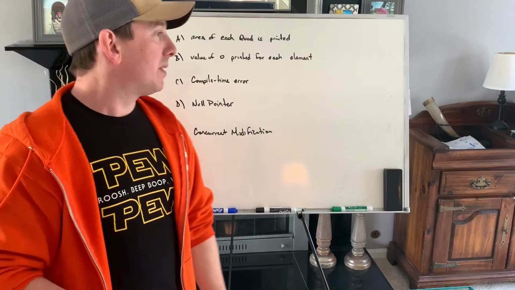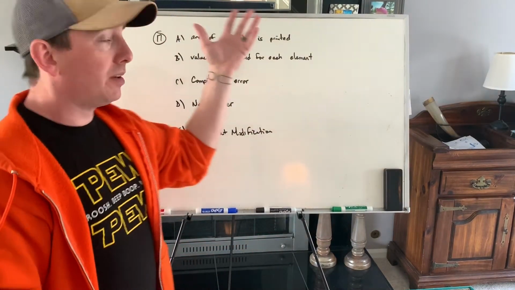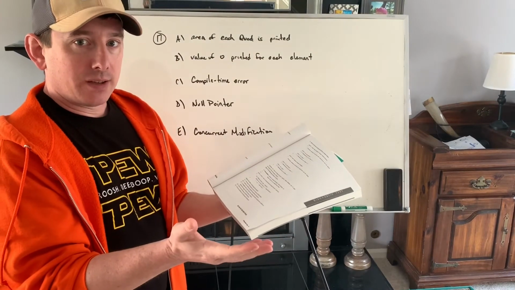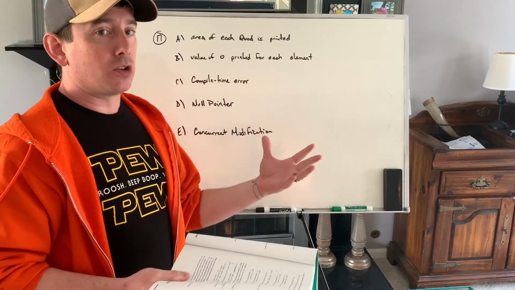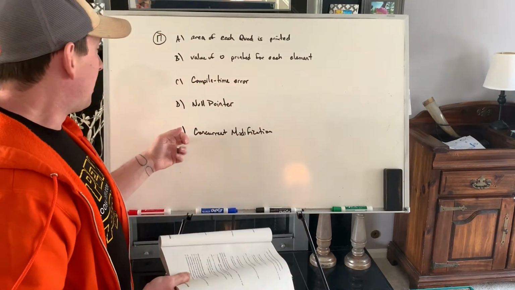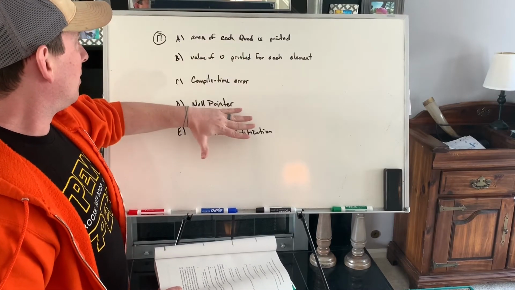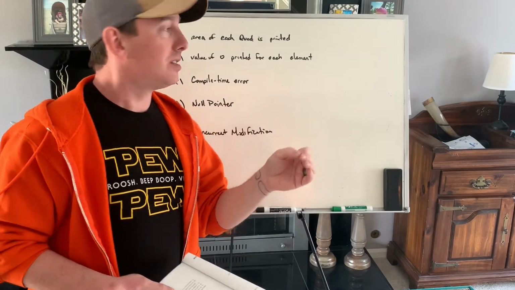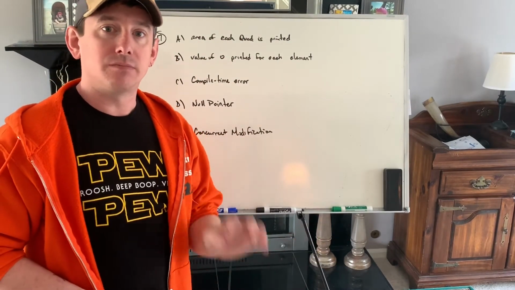A concurrent modification exception could typically be thrown, especially when you have a for each loop, which we do here, but we're not trying to change anything. So we're not concurrently modifying our list of quadrilaterals, so there's no way that's going to get thrown. So I definitely have a reason to get rid of all of these. I'm pretty sure the method is going to do exactly what we think it's designed to do, and it's going to just print out each of the quadrilaterals and its areas. Hope that helps.